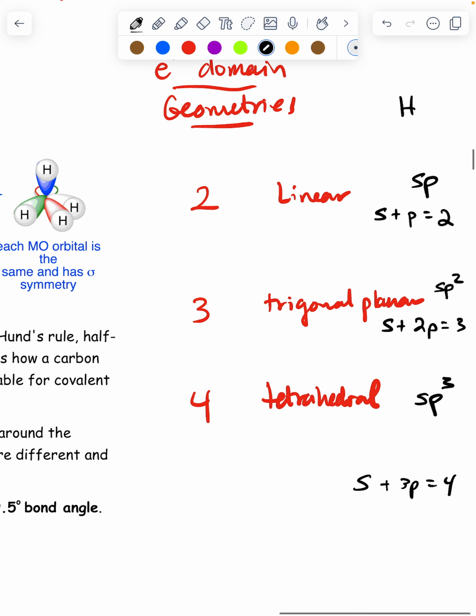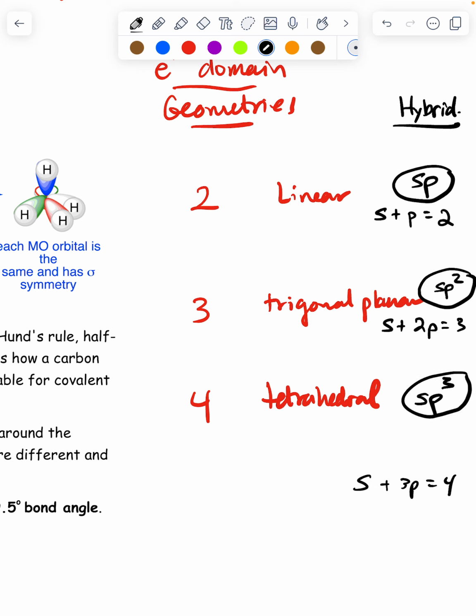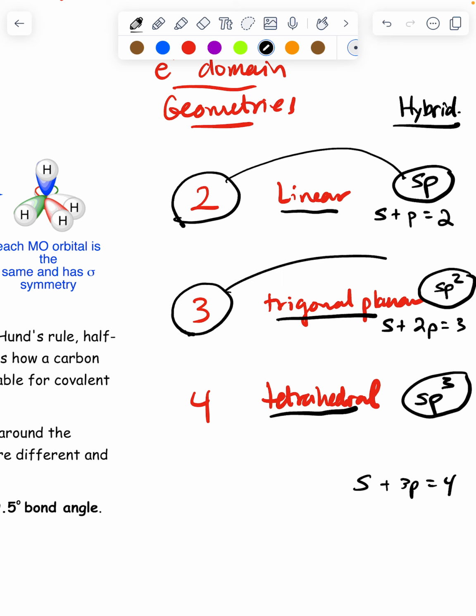So the hybridization types are sp, sp2, and sp3. You just have to learn to associate them with each one of these shapes for electron domains. So 2 electron domains is always going to be sp, 3 electron domains will always be sp2, and 4 electron domains will always be sp3.